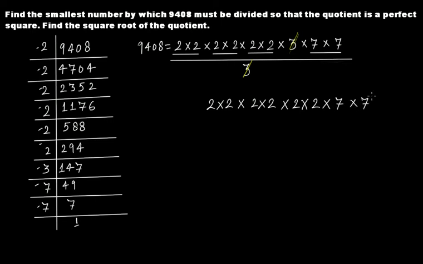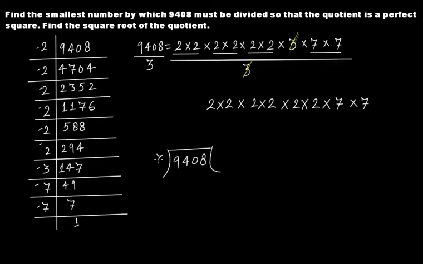When you have divided this by 3, it means that you have actually divided 9408 by 3, so you'll get some number. What will actually be the number? That's the quotient, 9408 divided by 3.